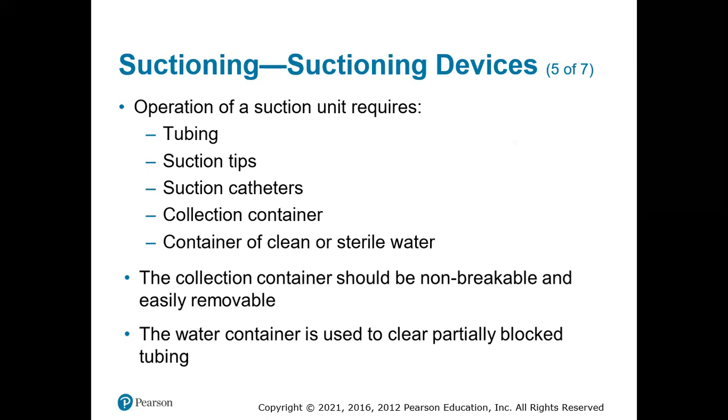Just as it said earlier, we've got suction tips, catheters, the collection container, and the tubing itself. Everything listed there is throwaway. Your collection container is usually plastic and easily removable.